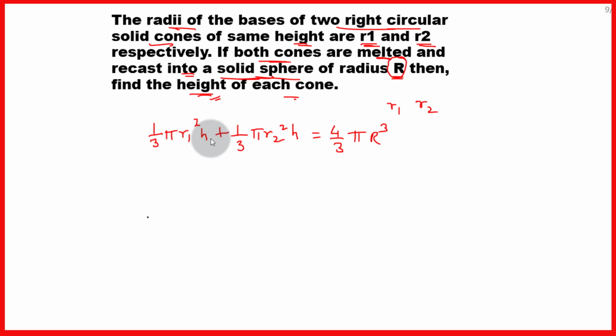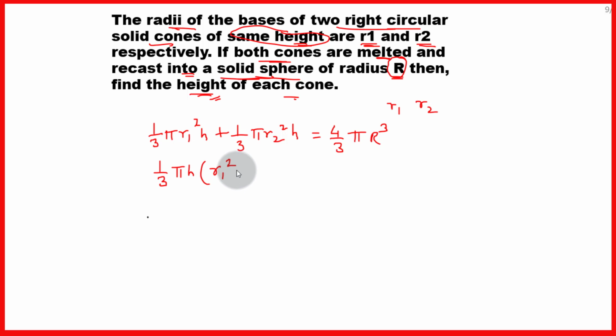Now here 1/3 pi h we have taken same because both cones have the same height. It is given in the question, same height, and therefore h is same, and so 1/3 pi h will be a common factor. So take it out as common factor.